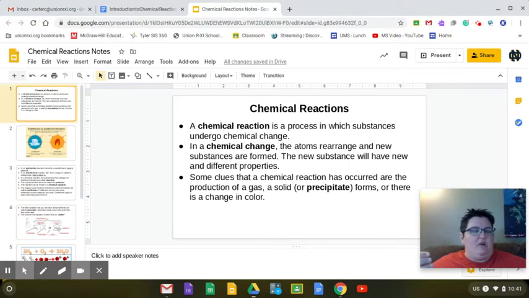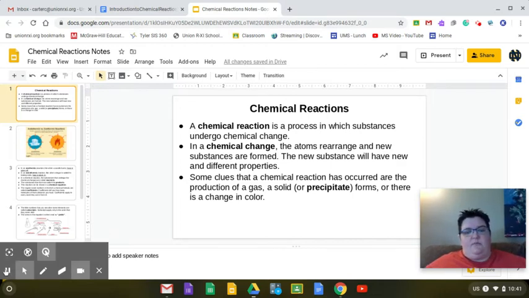That's a common one. You'll see smoke coming off of it, or you'll smell sometimes the gases coming off of it. Those gases, while they're a physical trait of whatever it is, the gases show that there's an actual chemical change that is happening.